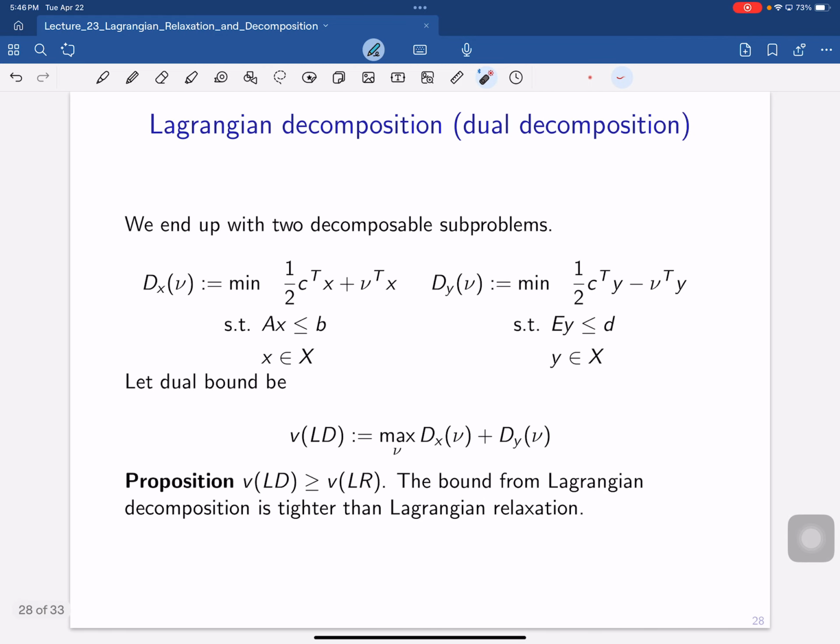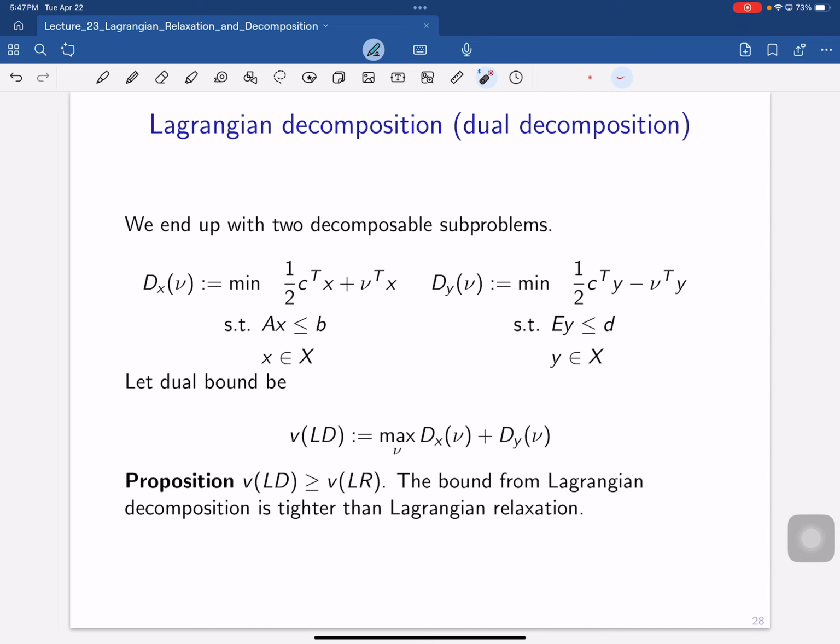So with that, you could dualize x equal to y, and then you are left with these two sets of problems. You have a problem on x where you have the integrality constraint, but then you have v transpose x, where v is a Lagrangian multiplier. On the other hand, you have a minus v transpose y, where you have the constraints Ey ≤ d and y integer.